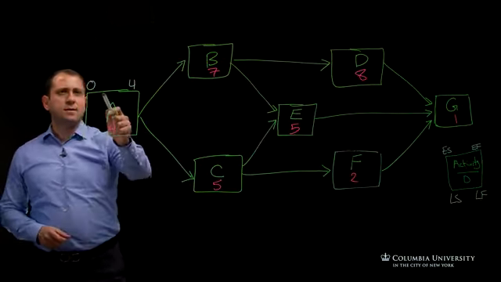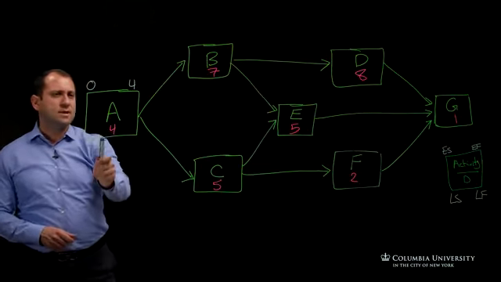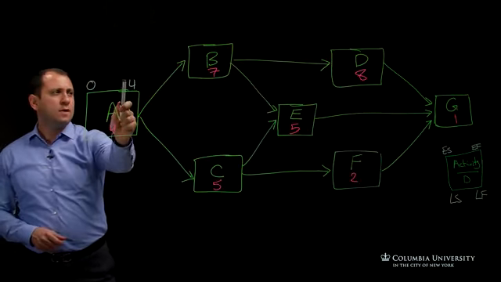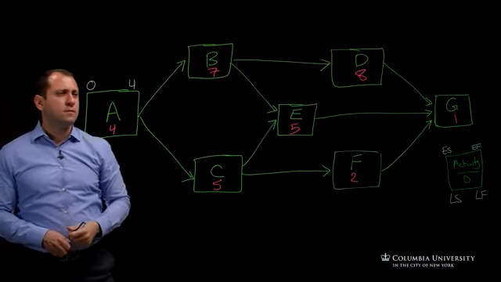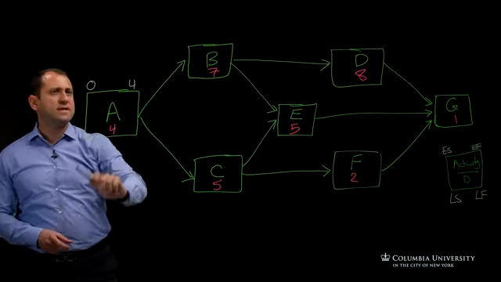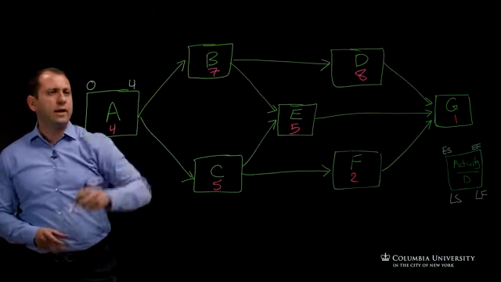So in this case, the early start 0 plus the duration of 4, the early finish is 4, and then the early start for the successors will be the same as 4 here.